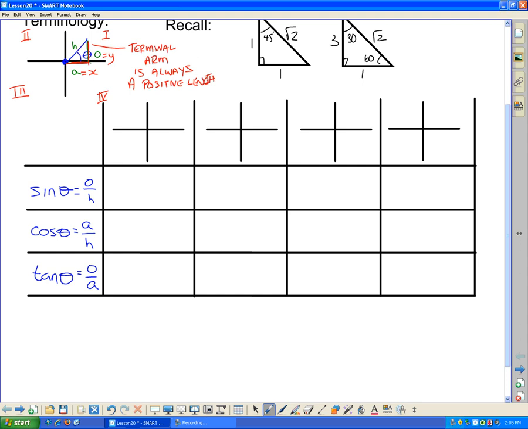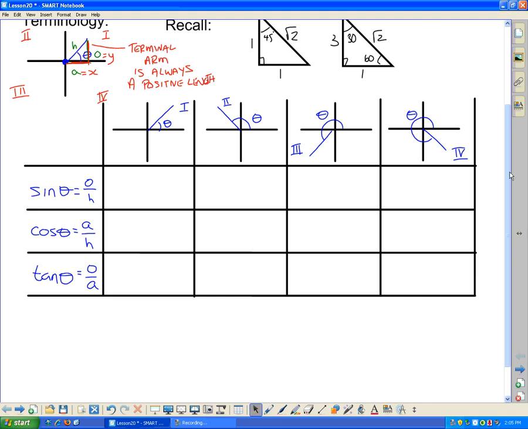The first one is quadrant 1 for theta. The next one is quadrant 2, and this now becomes my theta. Then quadrant 3, and then quadrant 4. I'm just putting that terminal arm in the different quadrants, and we're going to talk about the ratios themselves.